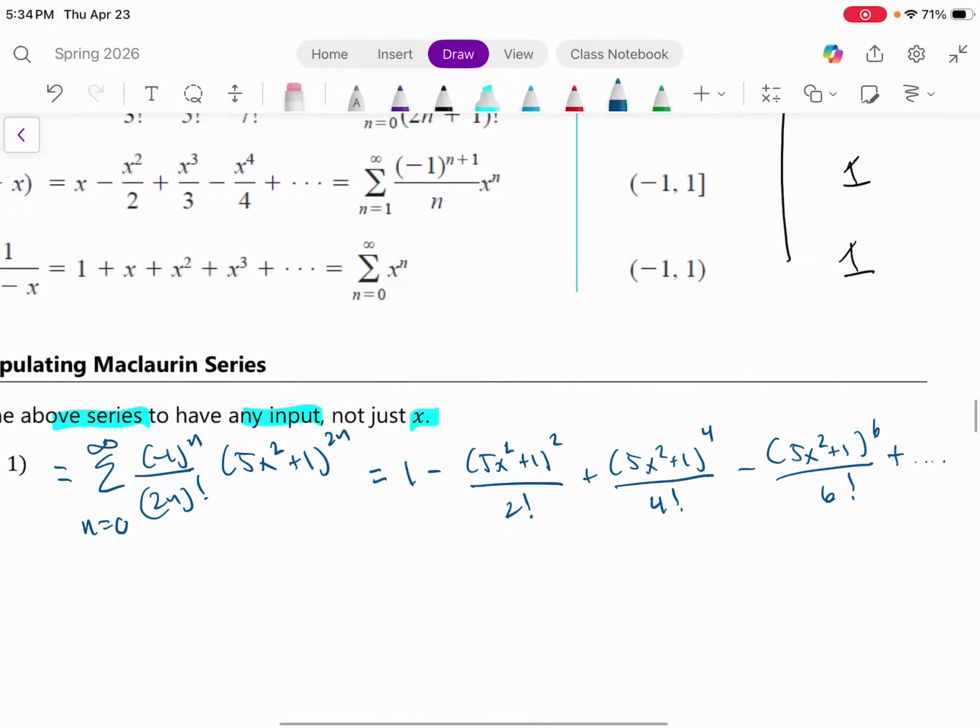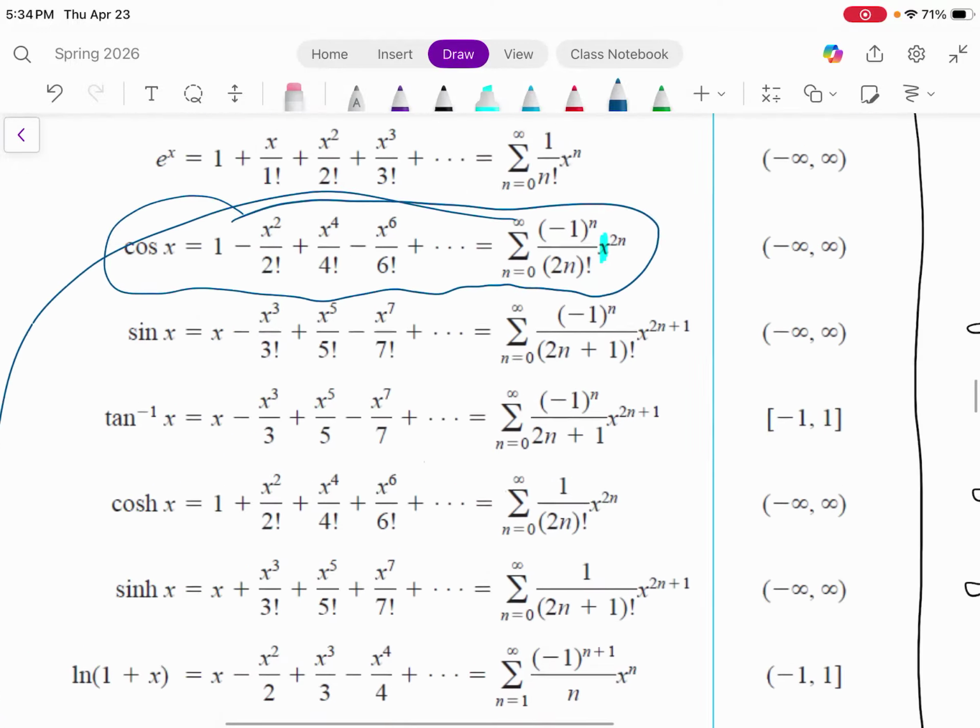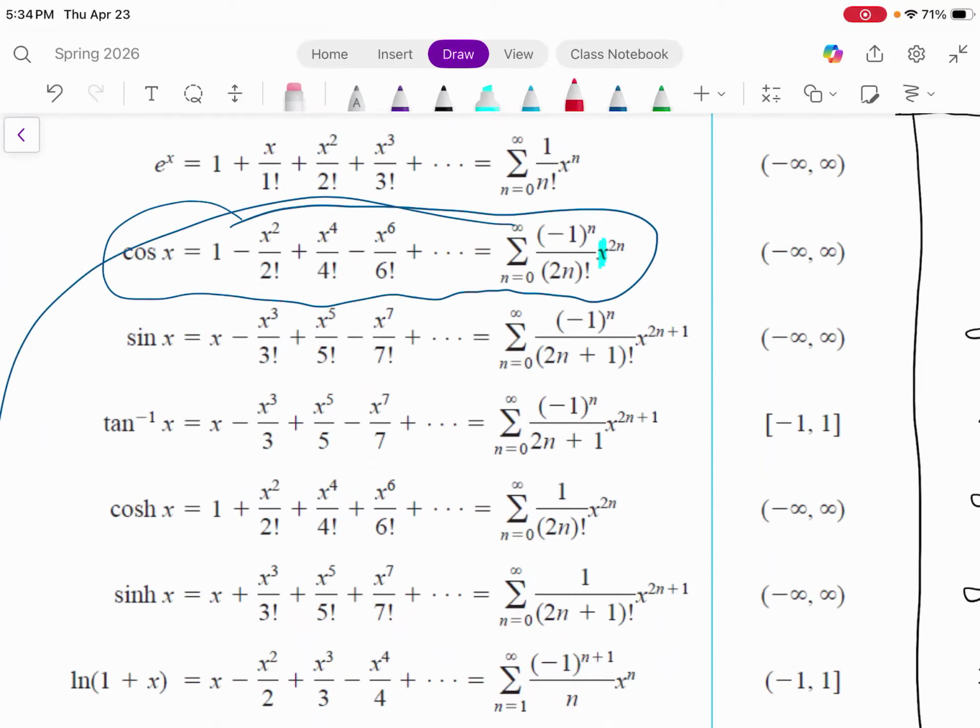I could get these by plugging in the n values, or I can see what is giving me these first couple terms. I'm just plugging in 5x squared plus 1 for x.